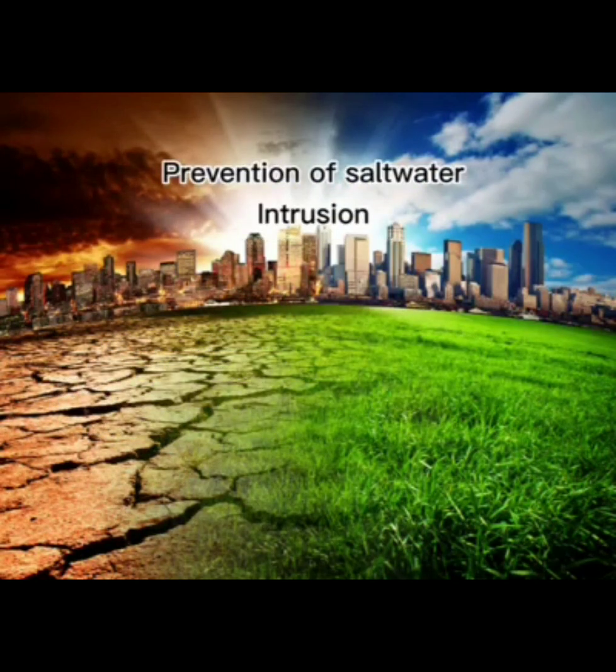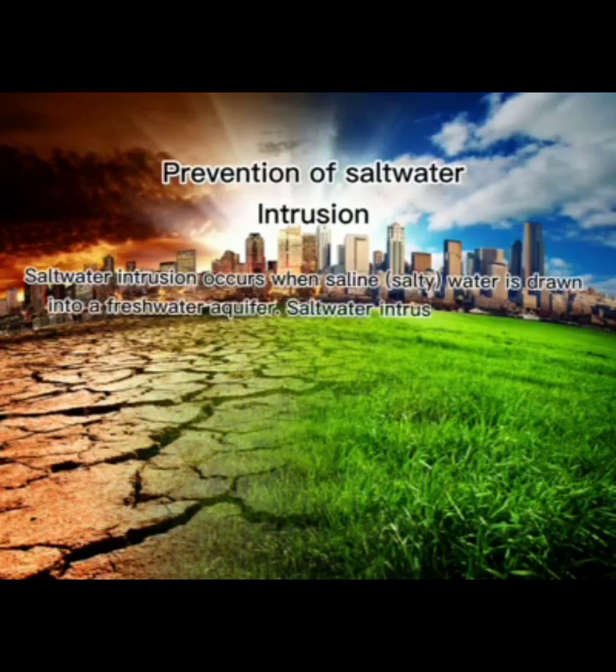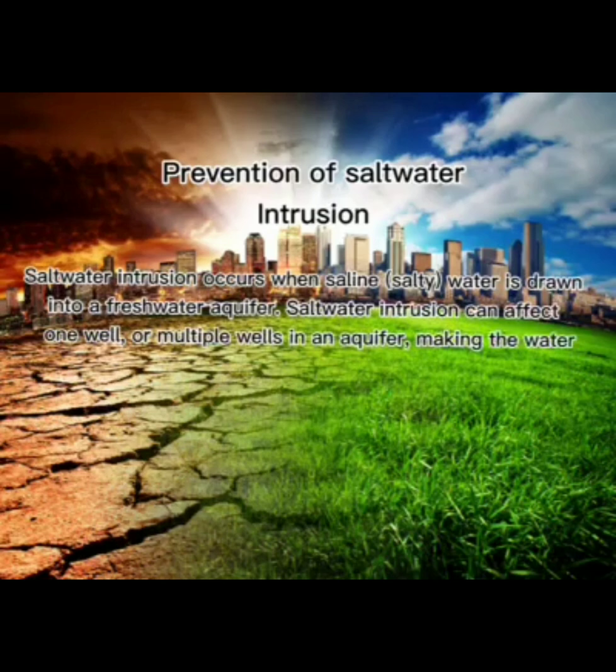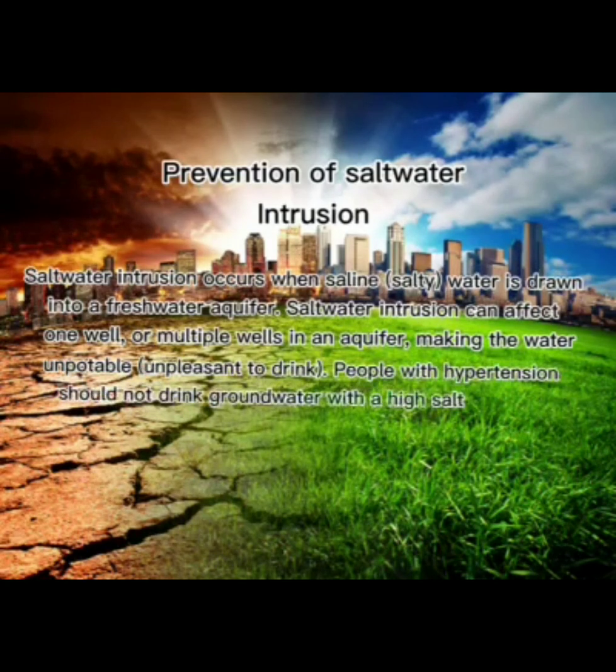Prevention of saltwater intrusion. Saltwater intrusion occurs when saline water is drawn into the freshwater aquifer. Saltwater intrusion can affect one well or multiple wells in the aquifer, making the water unpotable and unpleasant to drink.